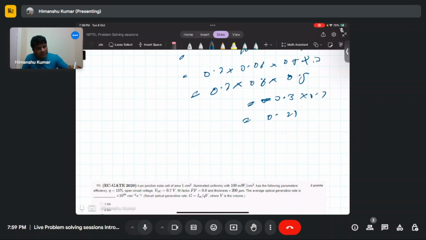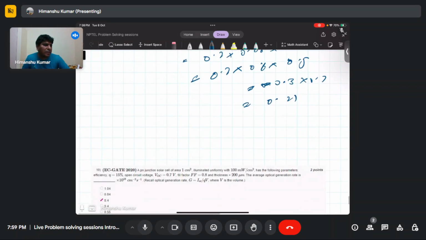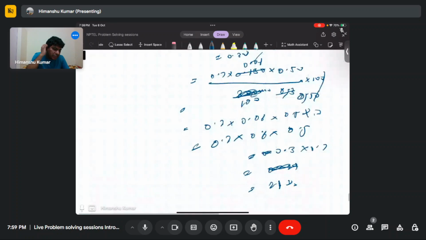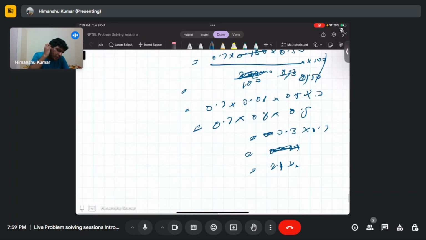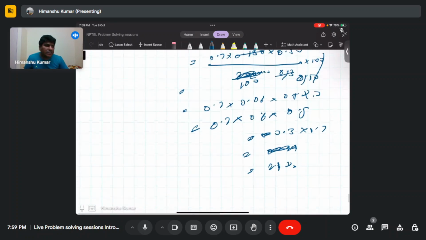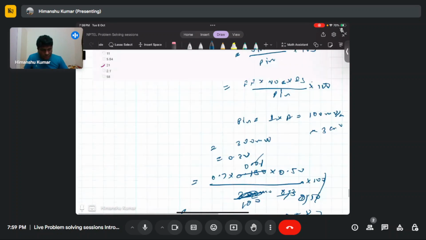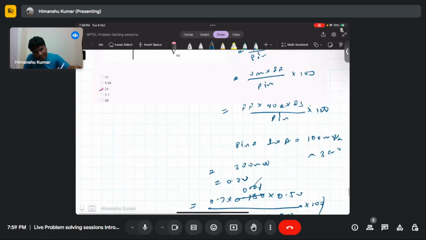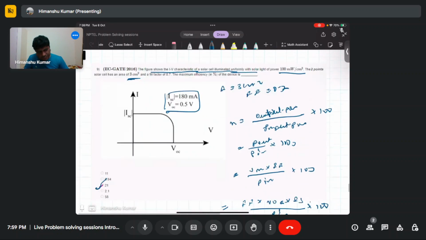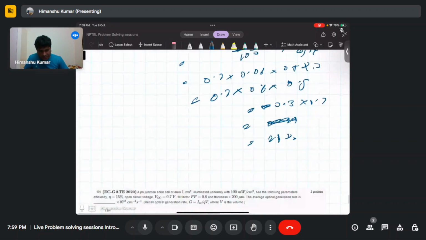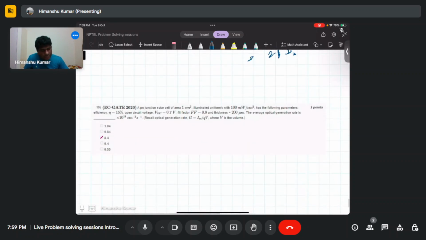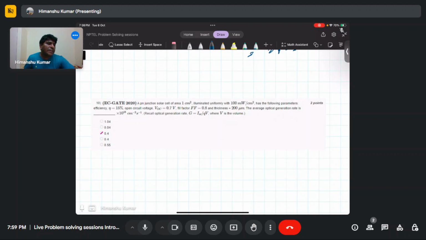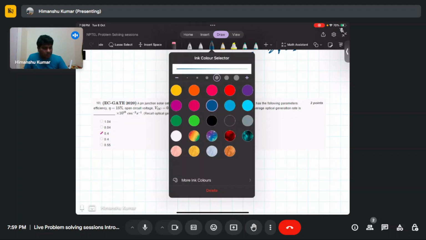If you convert this to percent, that will become 21% efficiency. So the correct answer is the C option. So that was quite simple. So with that, let's move to the next problem.